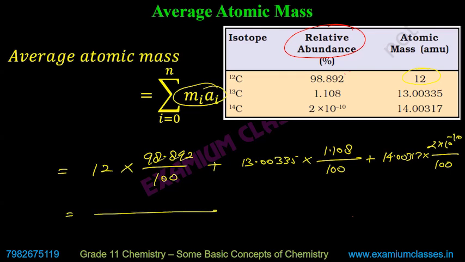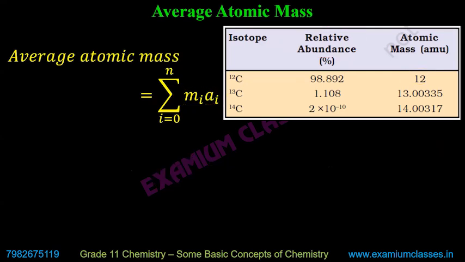Although you will not get such a complex calculation there, you will get simple ones. You might get questions based on simple calculation where you have to calculate average atomic mass. For example, it is normally asked for chlorine because chlorine also has two isotopes, chlorine-35 and chlorine-37.